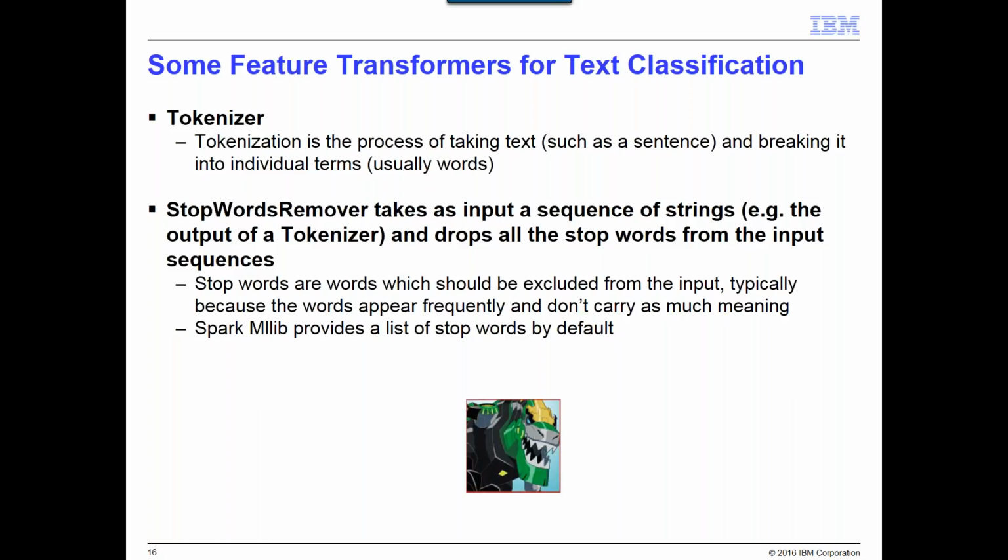Stop words are common words that don't really add a lot to the categorization. For instance, words like "and" exist in every corpus of documents, and they're not really going to add anything to the classification. So typically you want to remove those to limit the number of features that you're analyzing, not only to optimize the categorization, but also to help prevent overfitting the data if you have too many features.